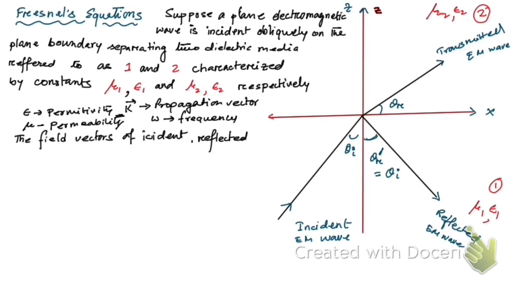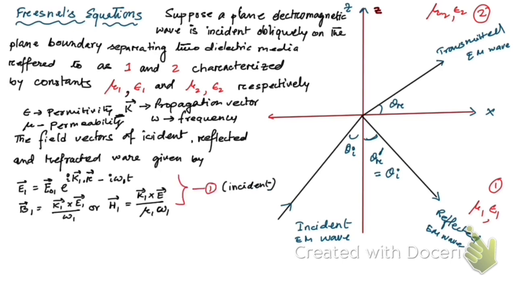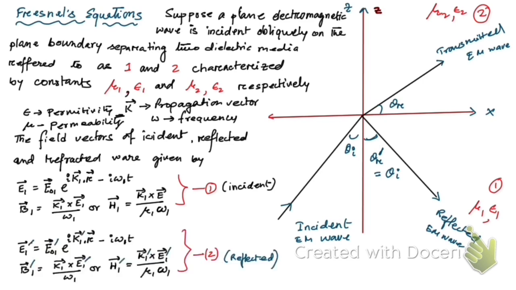The field vectors of the incident, reflected and refracted waves are given by these equations. The incident wave is given by the first equation, the reflected wave by the second equation, and the refracted wave on the other side.